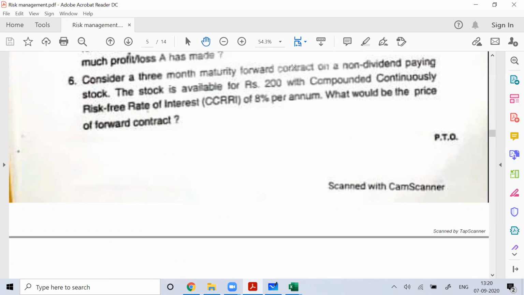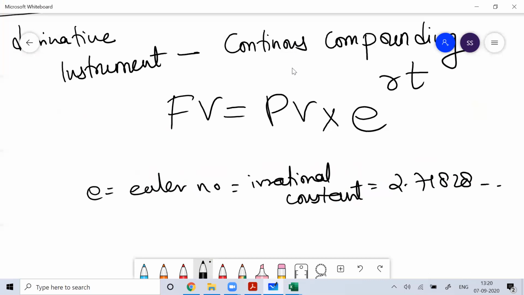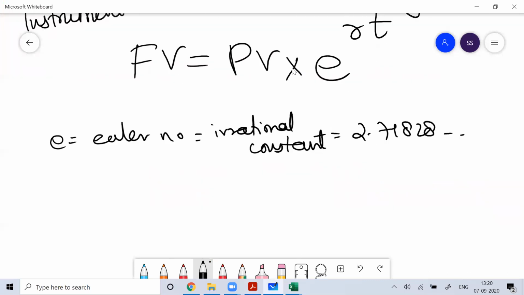Normally when we are solving problems on derivatives, and trying to find the future value based upon the present condition, we follow continuous compounding. The same thing you can use in the derivative market.